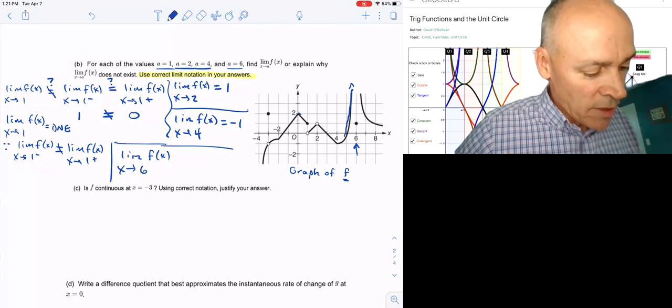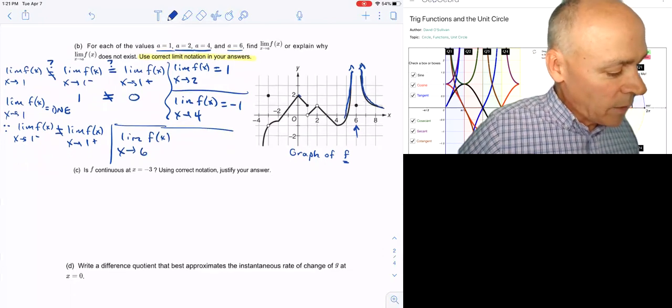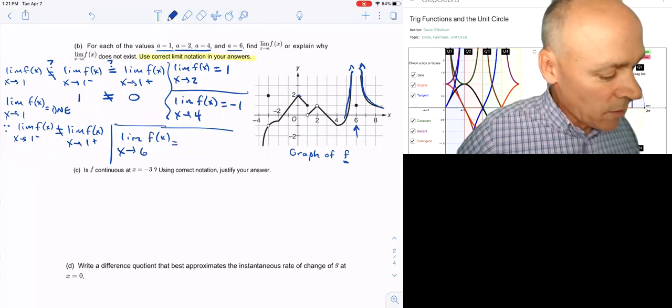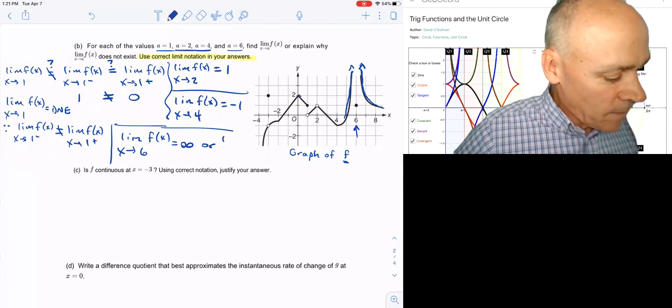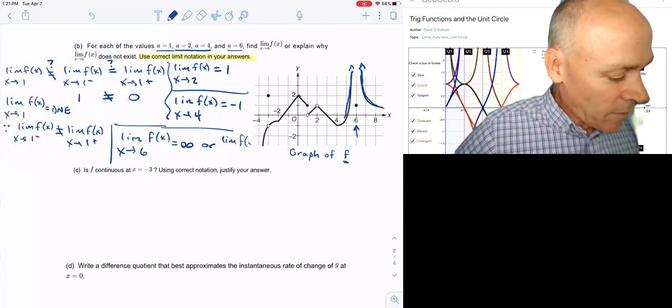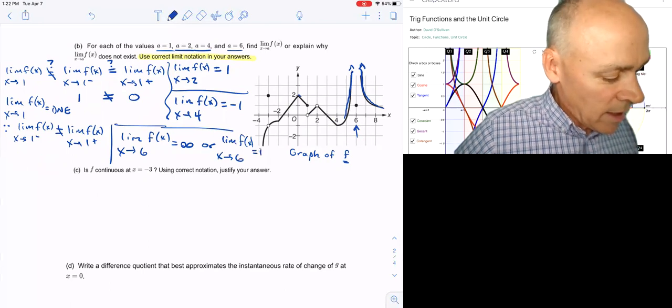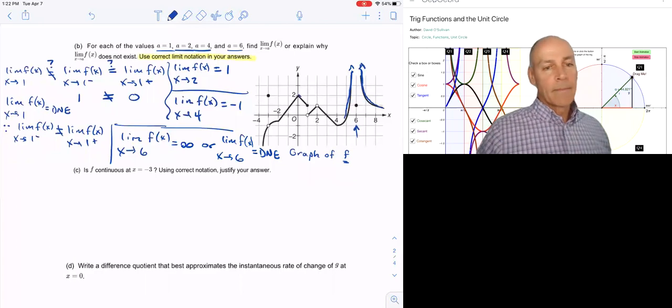And as I approach 6 from the right, it looks like my function again is going to positive infinity. So there I could write the limit of f of x as x approaches 6 is equal to positive infinity. I could also write the limit of f of x as x approaches 6 does not exist. Okay.